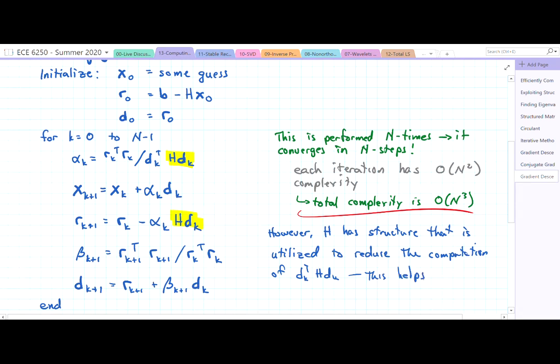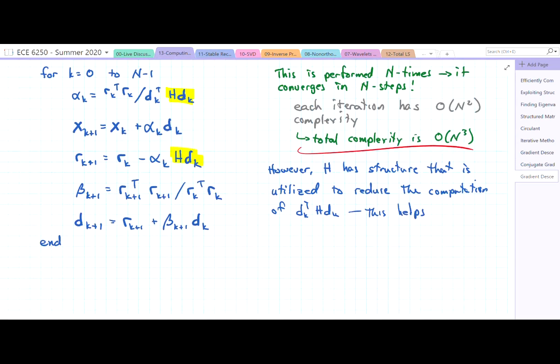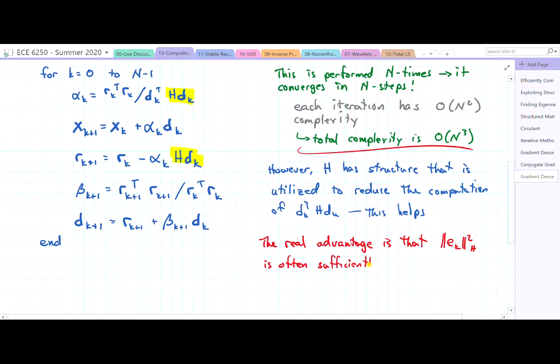But the real help is that the error is often sufficiently small for just a few steps.